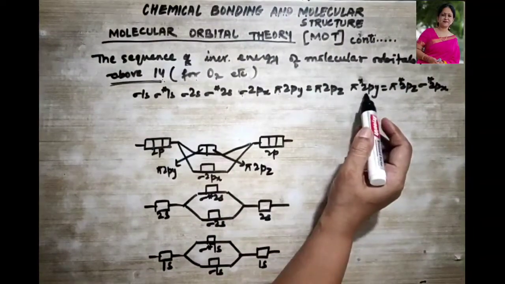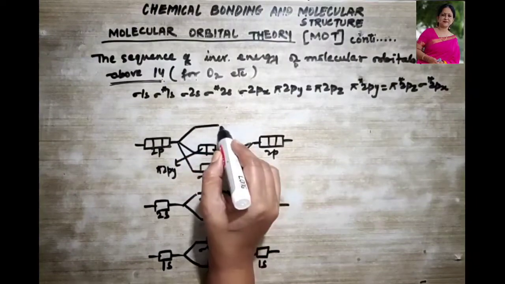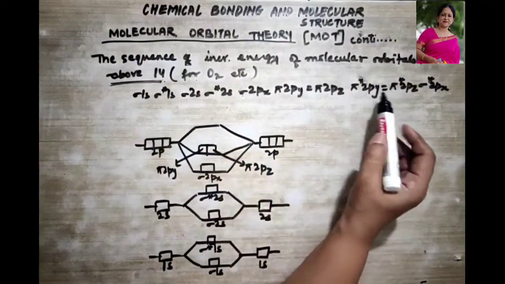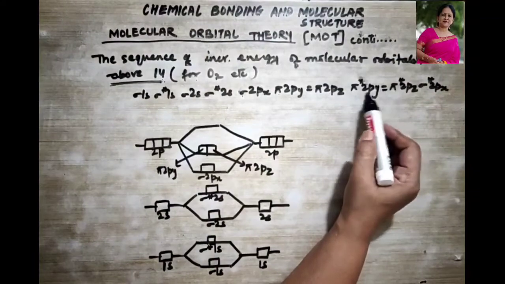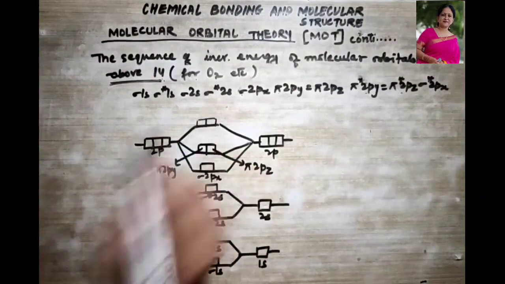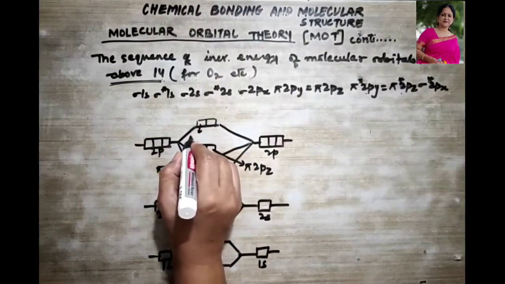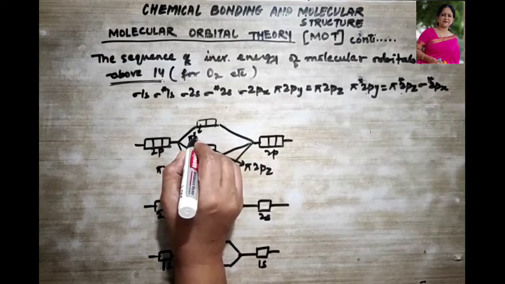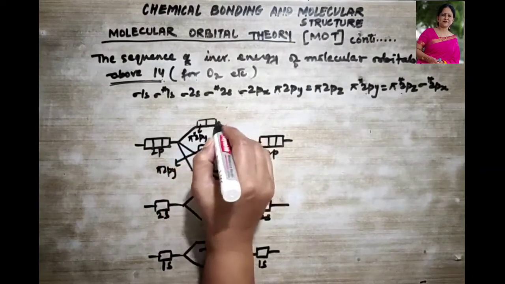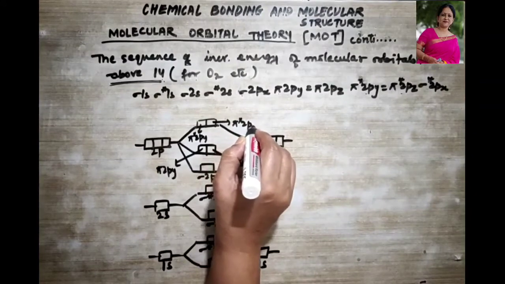Clear? Then what do we have? The anti-bonding. Correct? Anti-bonding is which one first? With 2 boxes. So this one is your pi star 2py, and this is your pi star 2pz.